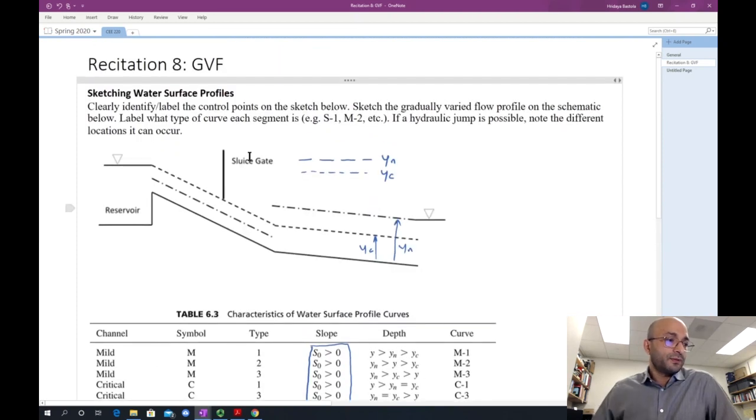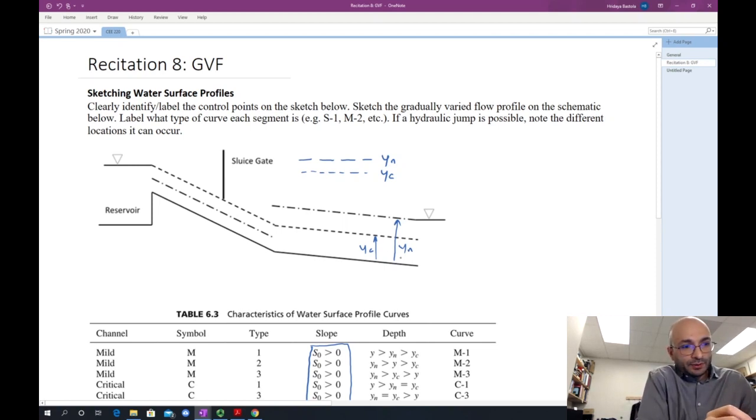Now going back to our first problem, we first want to identify where the control points are. Control points are locations where we know what the water depth is. In this case, there are two channel slopes, and we know the relationship between the normal and critical depth, so we can classify the channels.